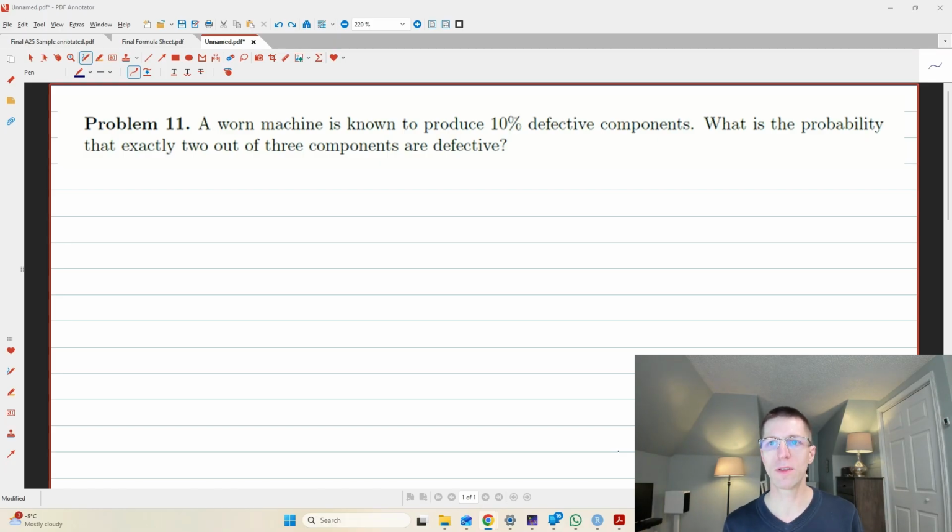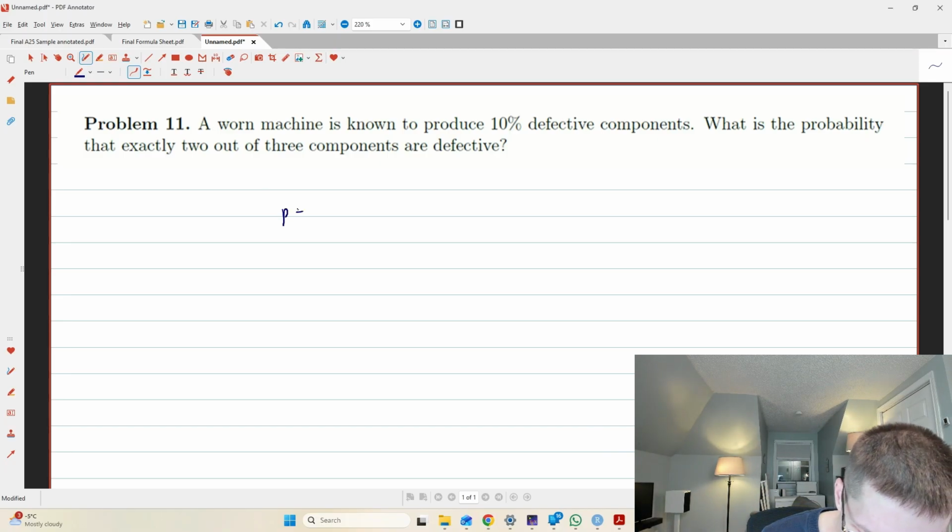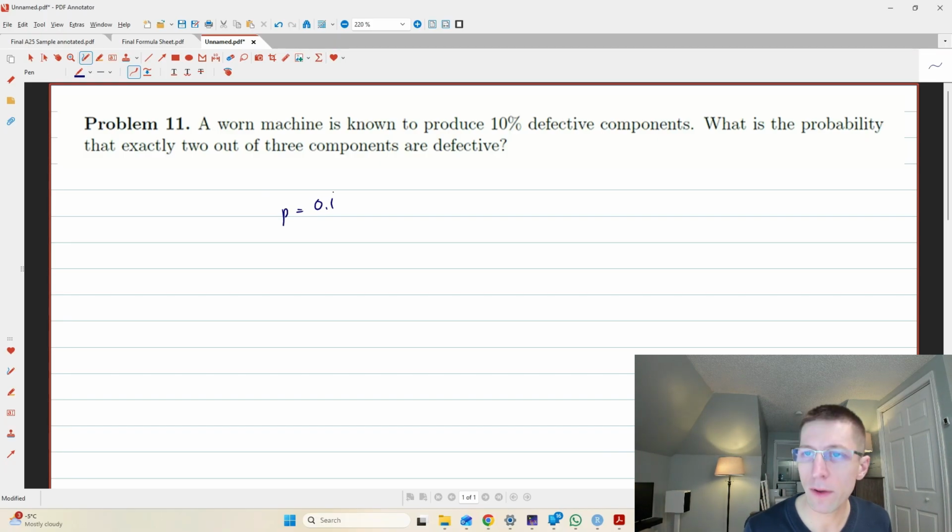So one of the key things with this type of question is recognizing that it's a binomial variable. So we've got a series of trials, 3 trials. Either it will pass or fail the trial, so it'll have the property or it won't have the property. And for each trial, it has the same probability of having that property. So here the probability is 10%, so p equals 0.1.